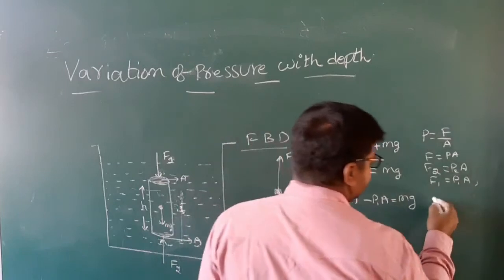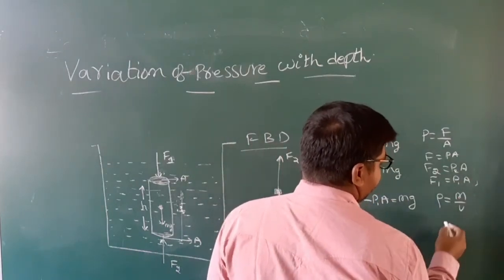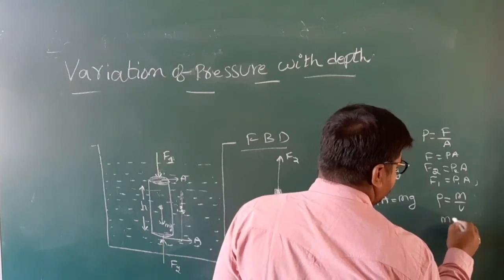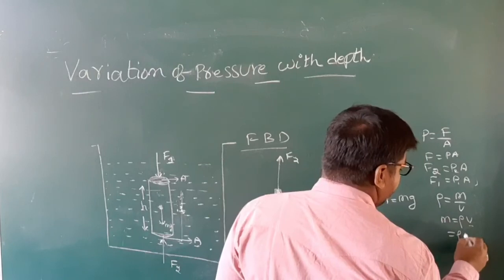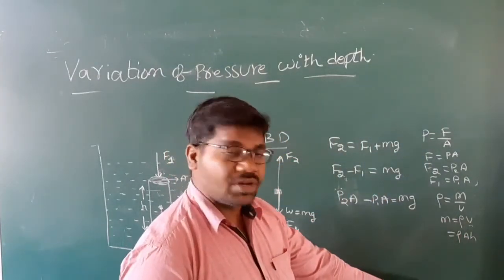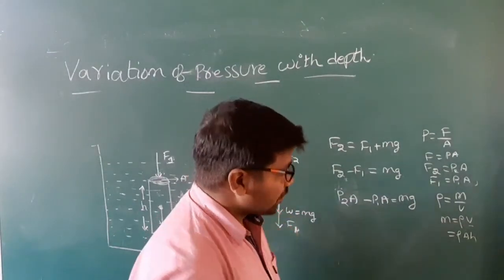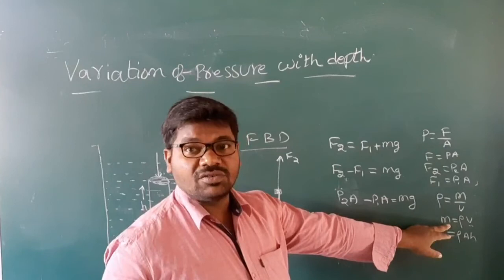Here, what is m? From density equals mass per unit volume, mass is equal to density into volume. Remember, my dear children, volume is equal to area into height.